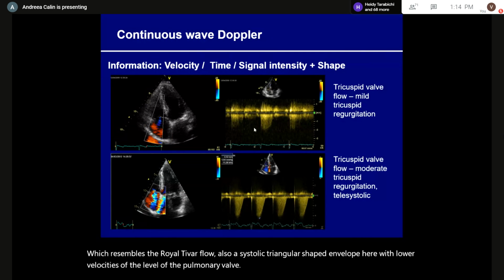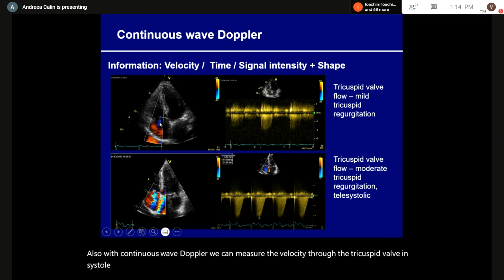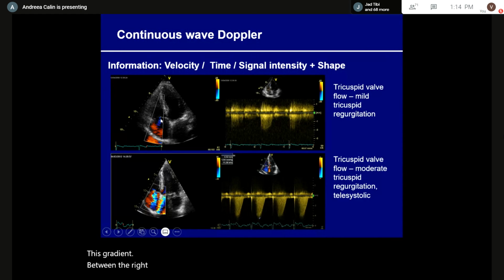Also, with continuous wave Doppler, we can measure the velocity through the tricuspid valve in systole. This is tricuspid regurgitation, and you can measure this gradient between the right ventricle and the right atrium, this systolic gradient.